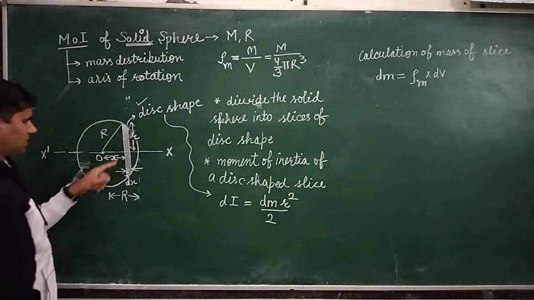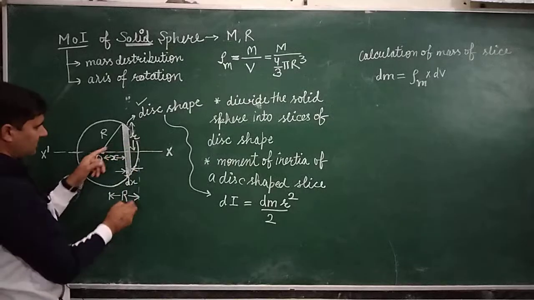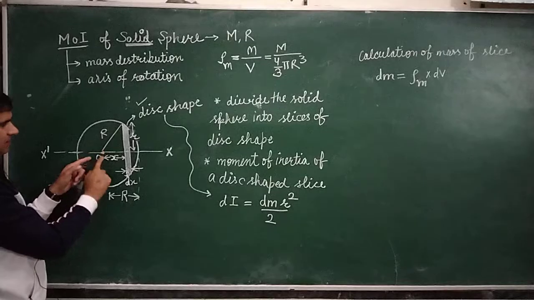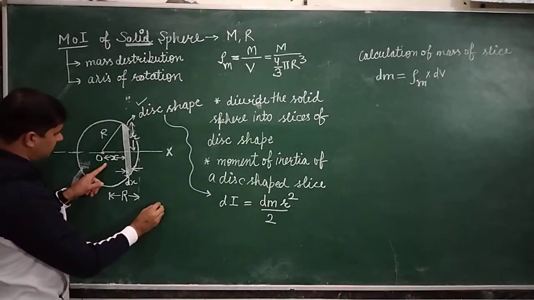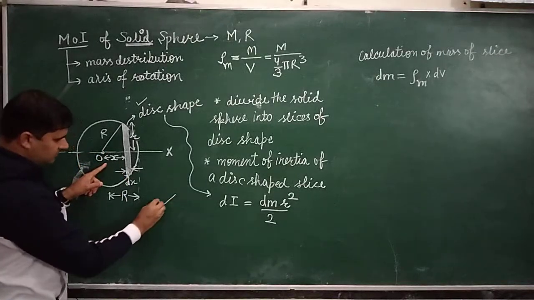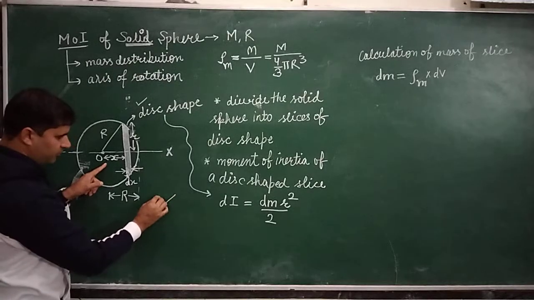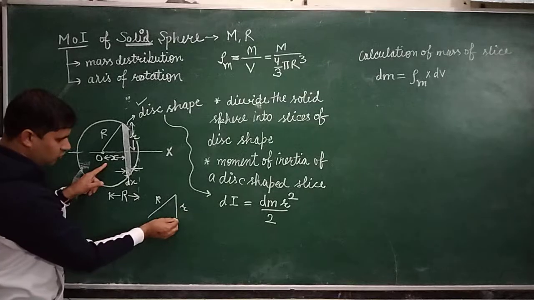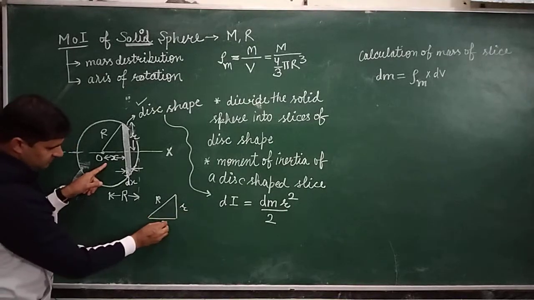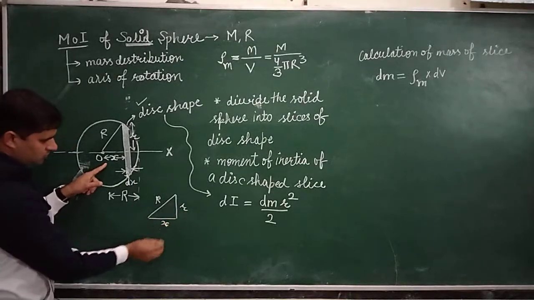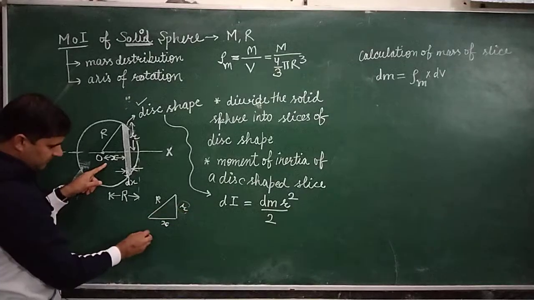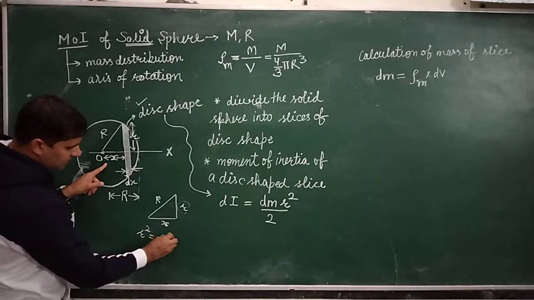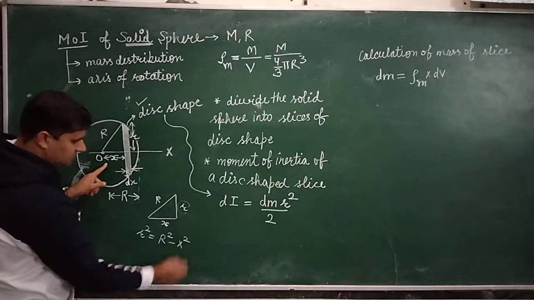This small r is one side, this is capital R, and this is x. So here it becomes a right angle triangle where the hypotenuse is capital R, the perpendicular is small r, and the base is x. So you can find the value of r. Here r square will be equal to capital R square minus x square.